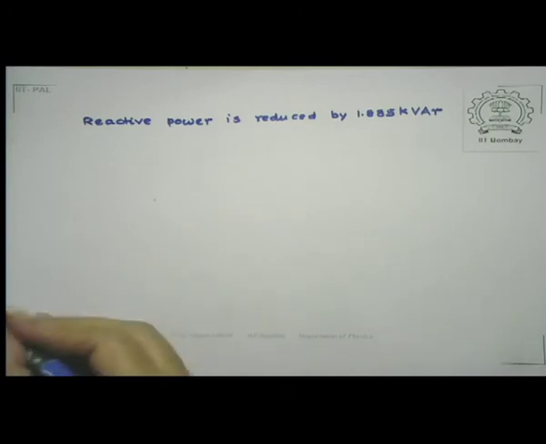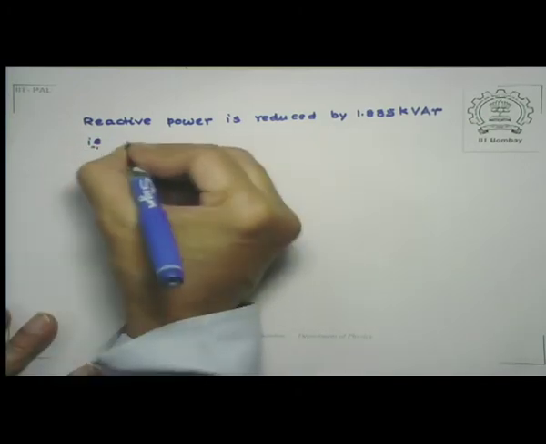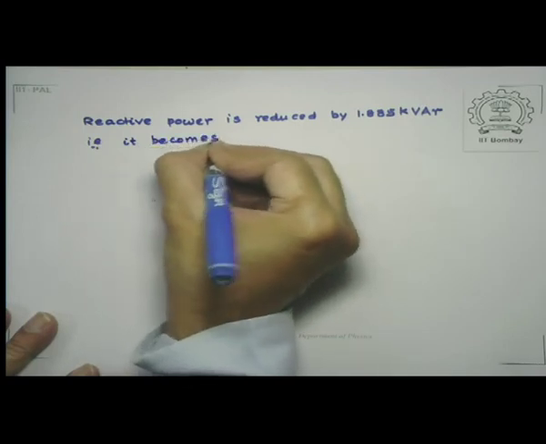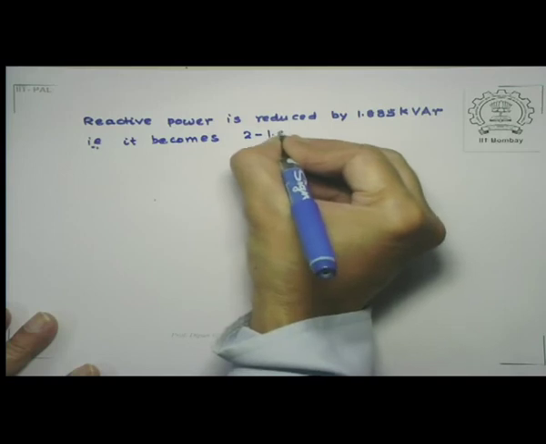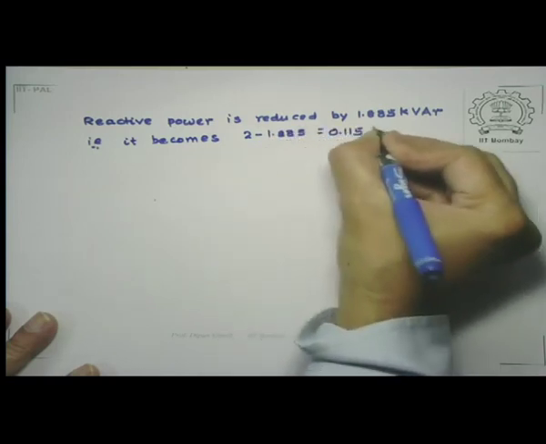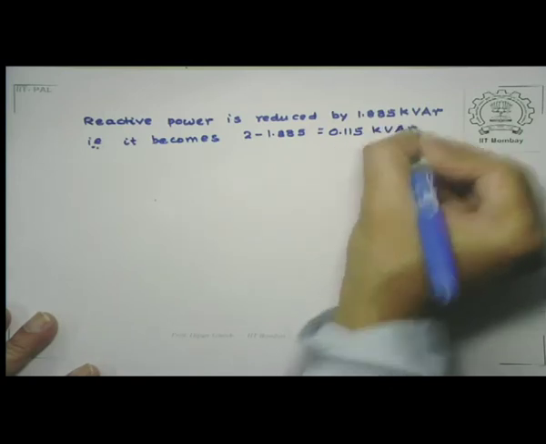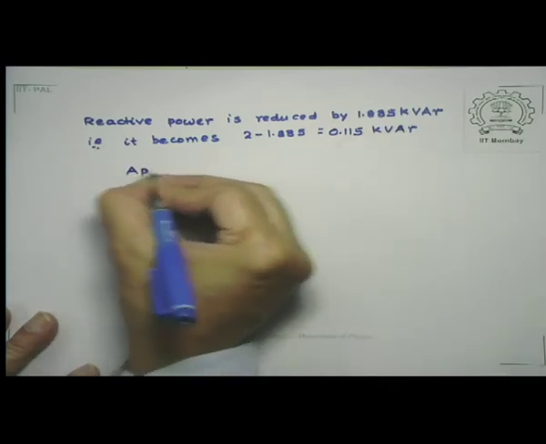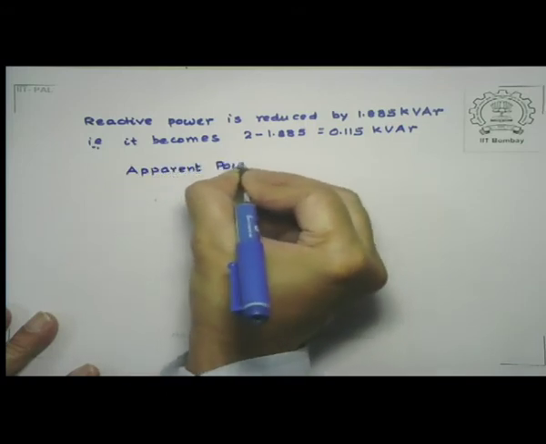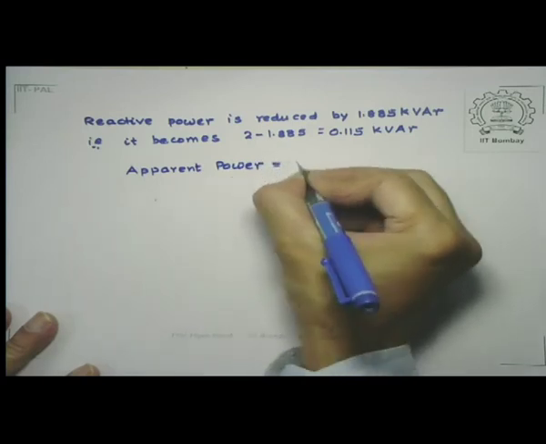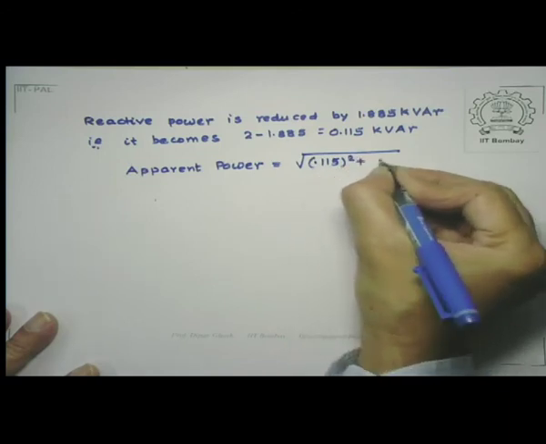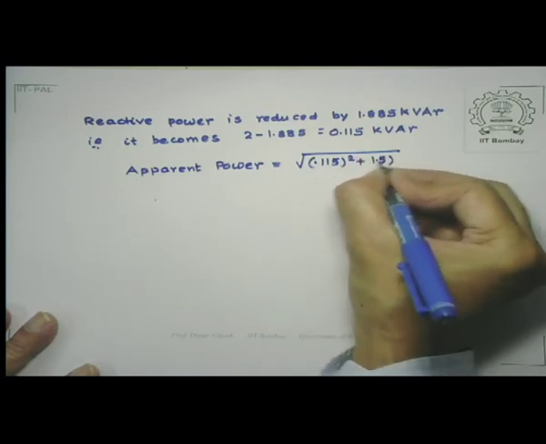That becomes the new reactive power: 2 minus 1.885, which is equal to 0.115 kilovolt ampere reactive, and that will make the apparent power equal to the square root of 0.115 squared plus 1.5 squared.